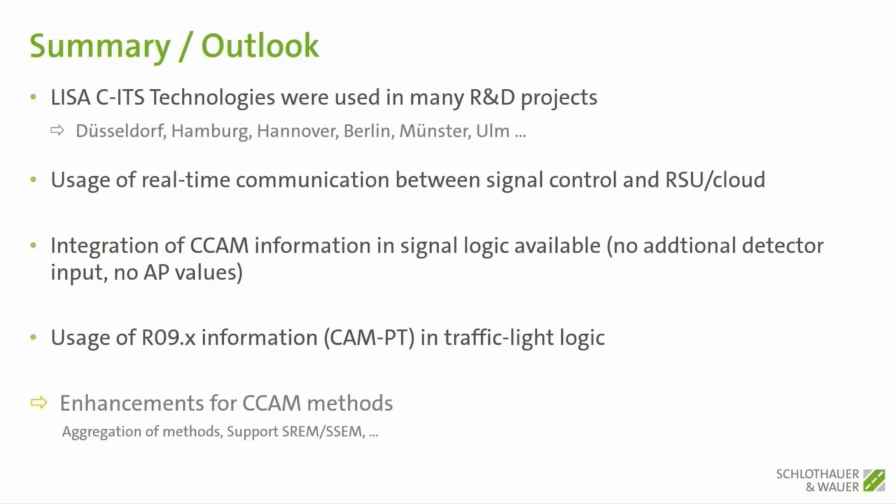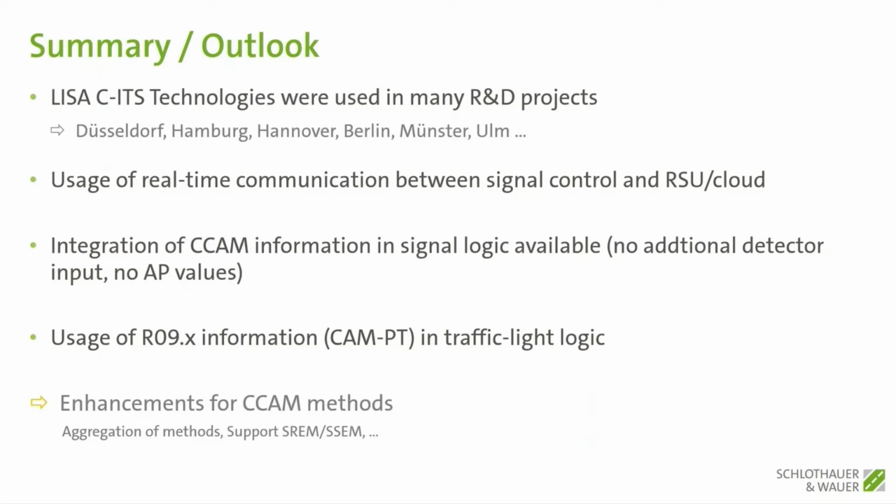What we also did next to the CITS methods, we implemented a real-time communication in the signal control, just to make sure that we can get the information from the RSU as fast as we can, and also from the cloud. And this is also useful for a lot of applications. You can think about that.